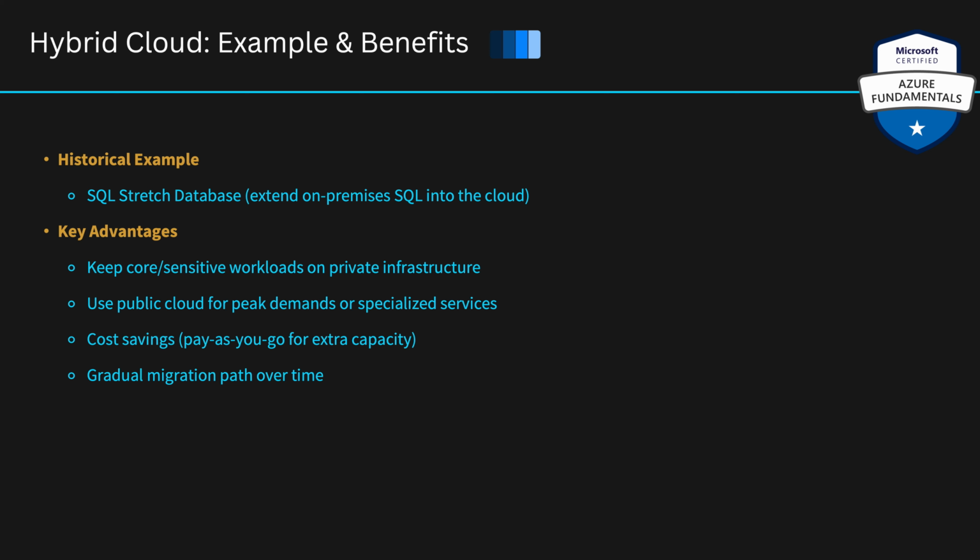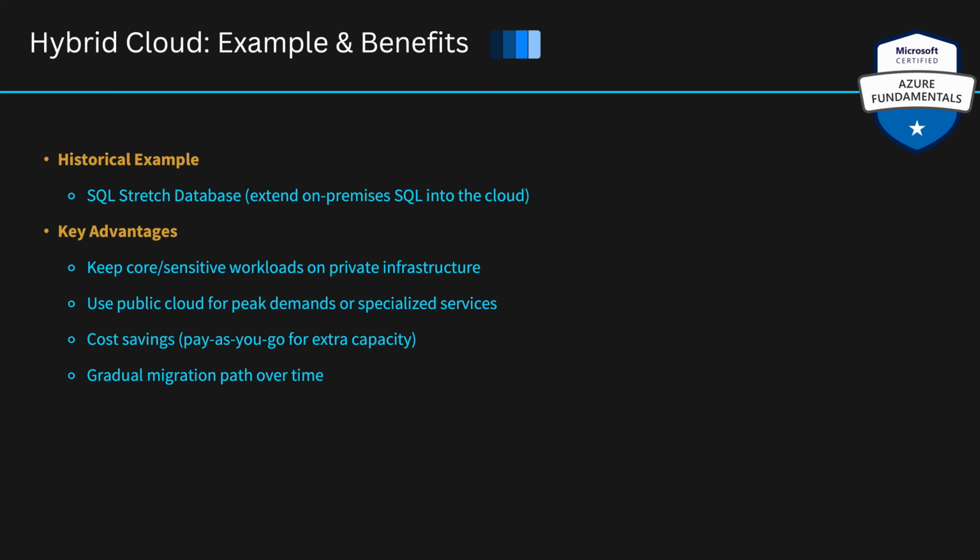Suppose you have an on premises data center with specialized hardware optimized for your enterprise applications, but you also experience occasional spikes in demand or need to leverage advanced analytics and machine learning tools available only in the public cloud. With a hybrid cloud, you can process your most sensitive or mission critical workloads on your private cloud while offloading less sensitive processing tasks to the public cloud.